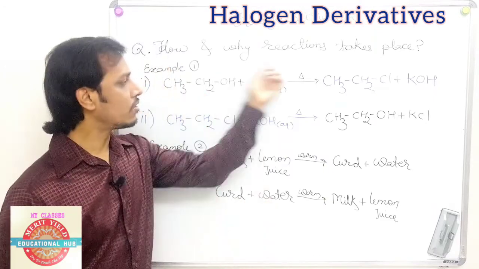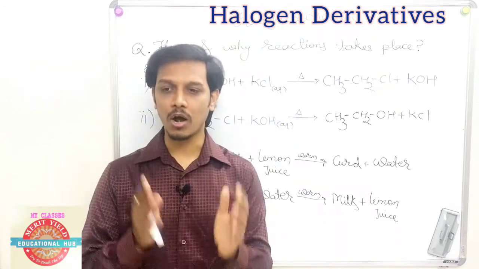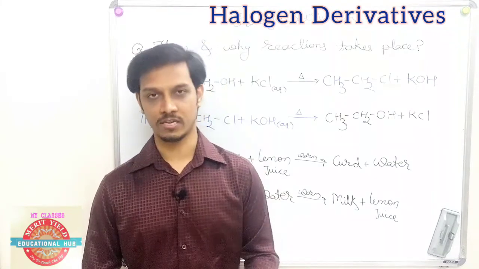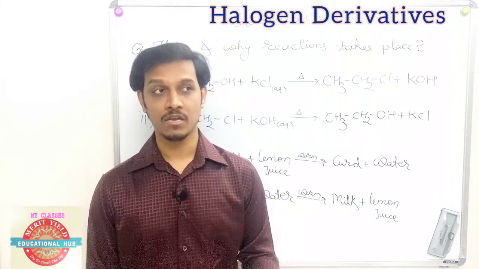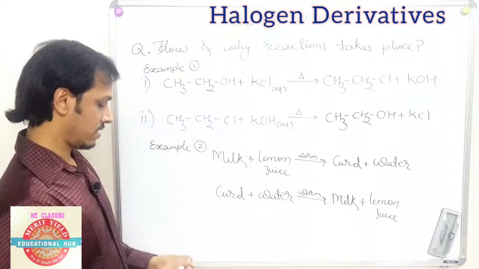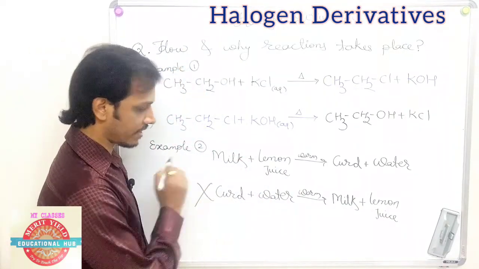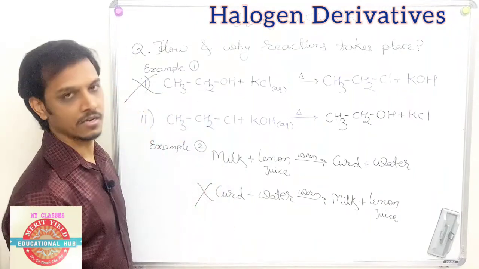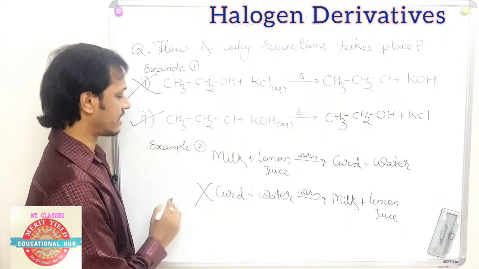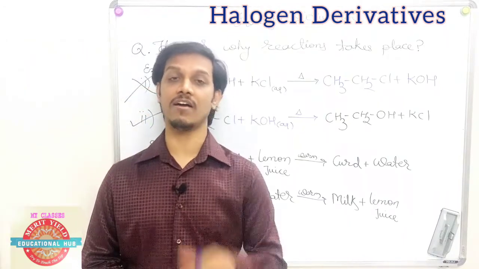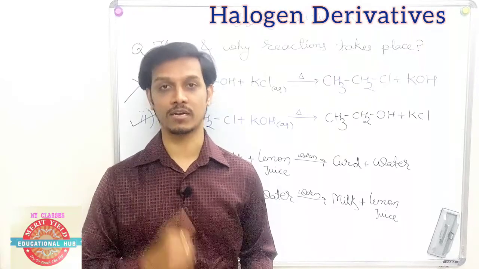But here we do not know a bit, because most of the chemicals are transparent, like water, and we cannot taste them every time. We just have to rely on some factors. So here this is a wrong reaction, and here this is a wrong reaction. So these two reactions are right, and now we have to understand what the factors are that affect and give the correct product to us.